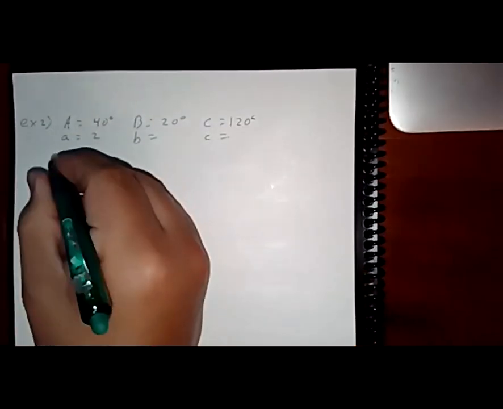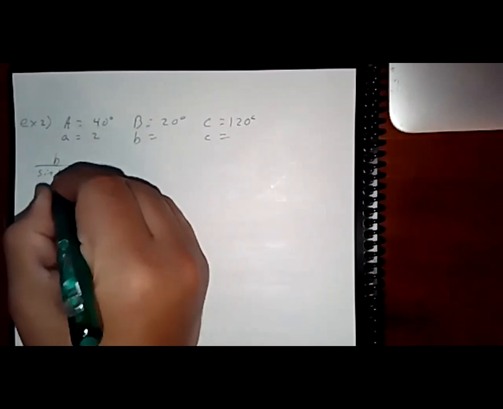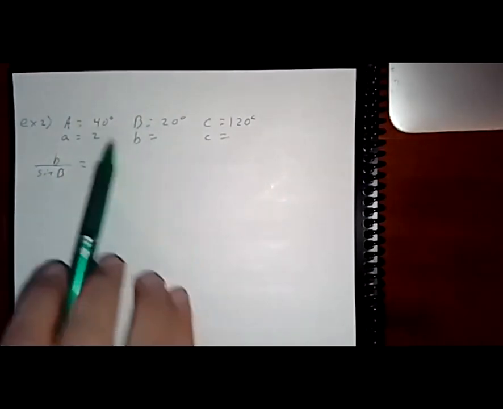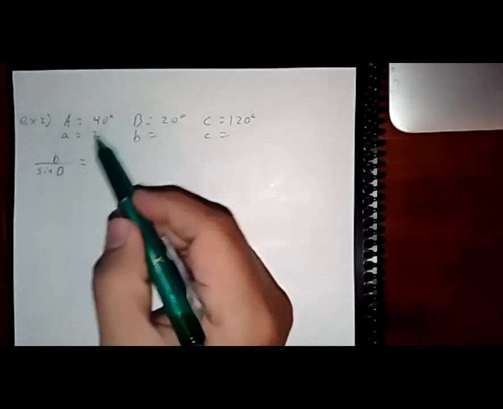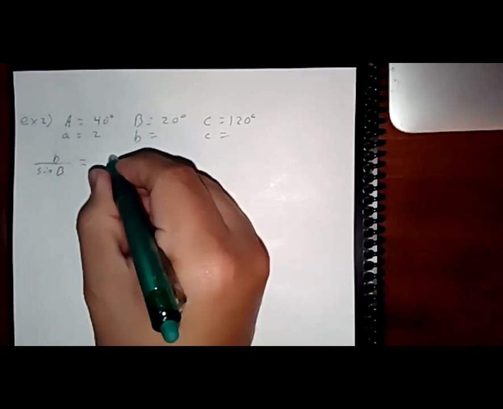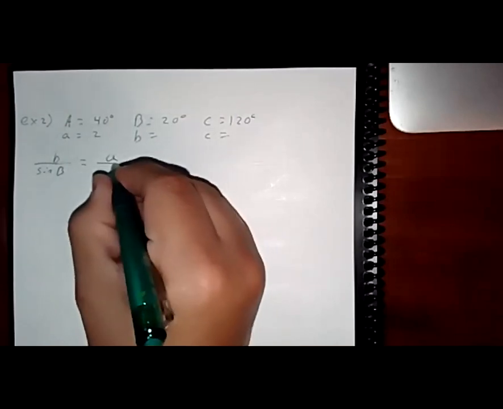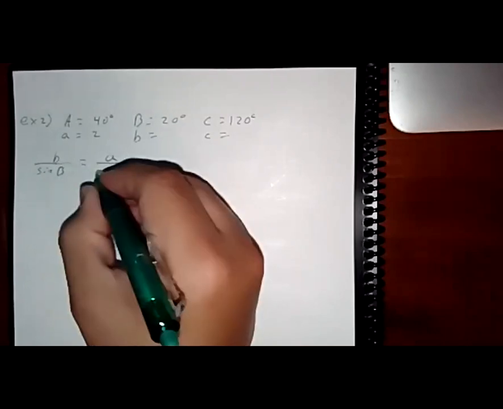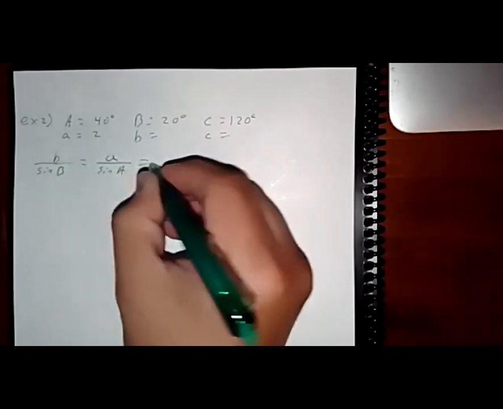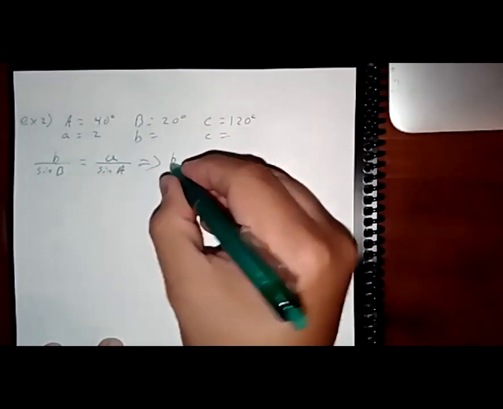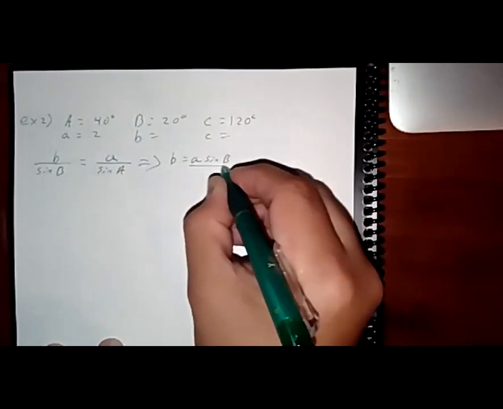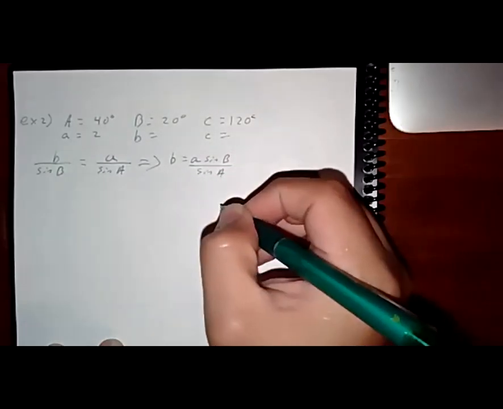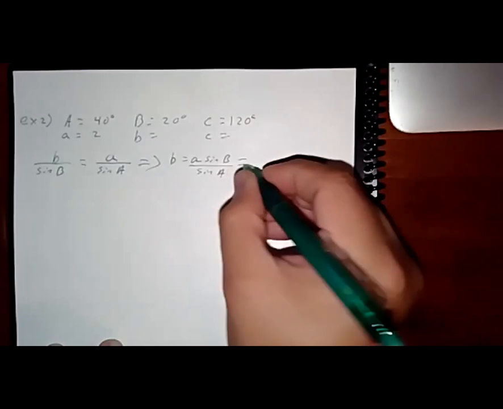So let's set it up. b over sine B can be equal to, and then you want to use one of these pairs that has both answers. So I'm going to use a and capital A to solve for side B. Then multiply both sides and you get b equal to a sine B over sine A. So let's plug in our numbers.